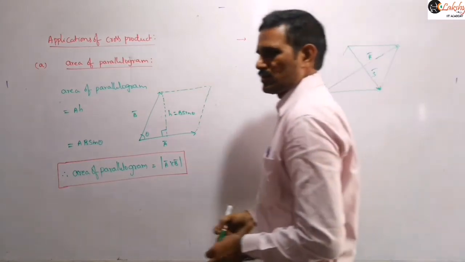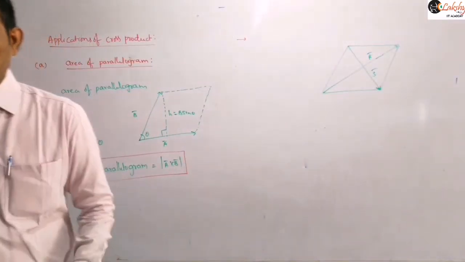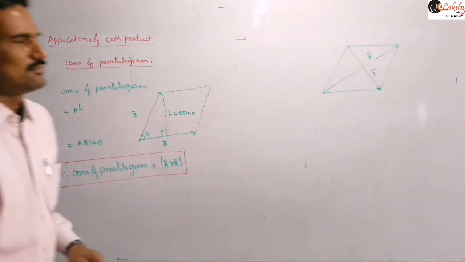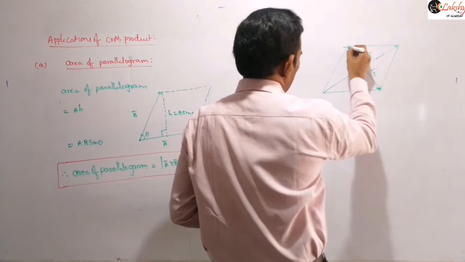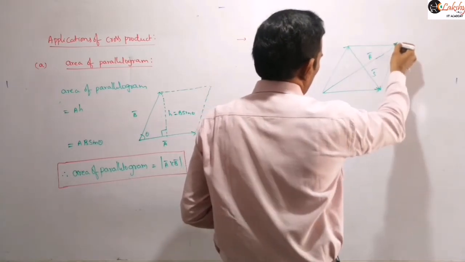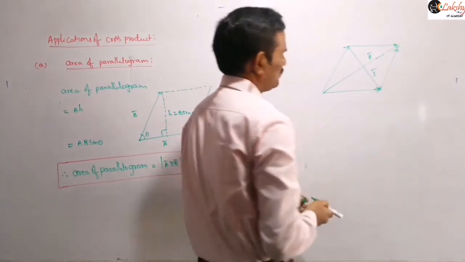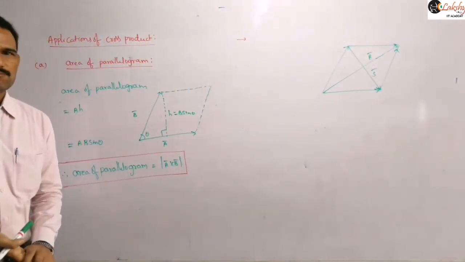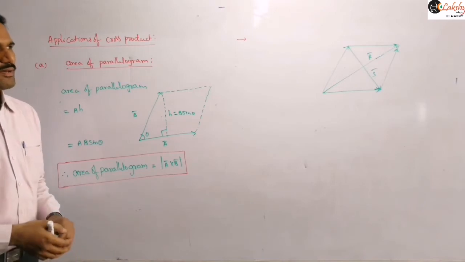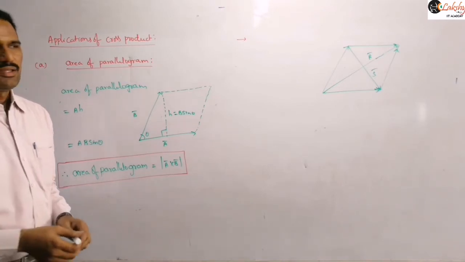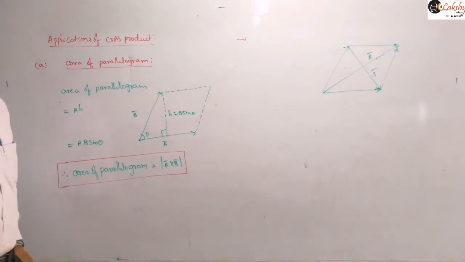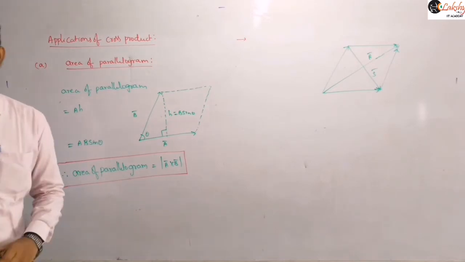If R bar and S bar are the two diagonals of a parallelogram as shown in the figure, then the area of the parallelogram can be calculated as follows.